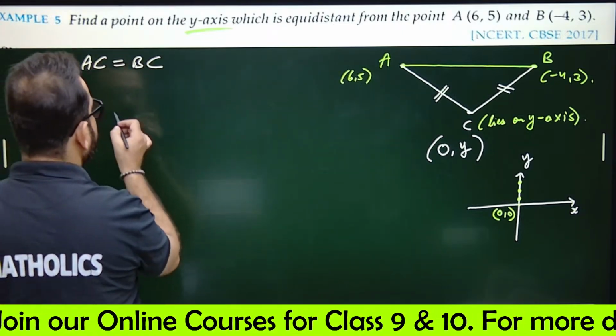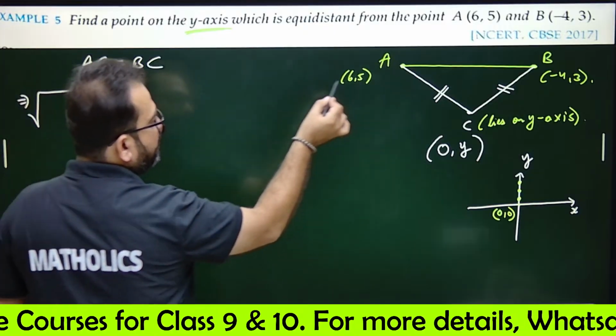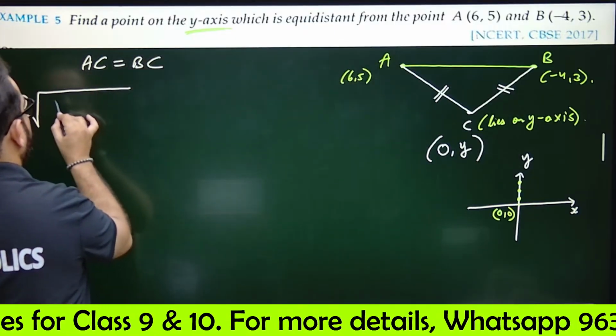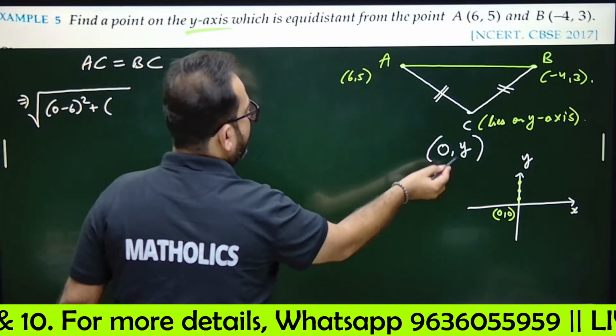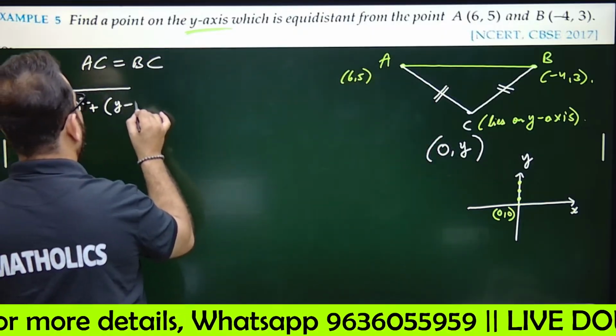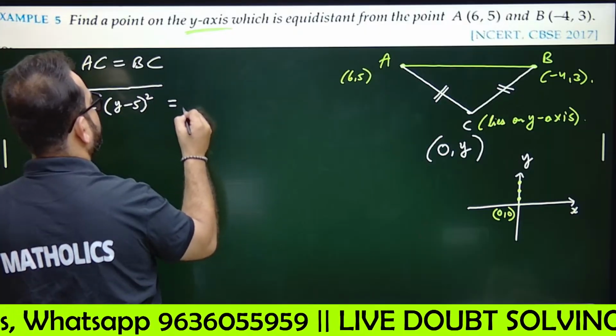Okay, AC equals BC. That means what is AC? It will be under root of (0 minus 6) whole square plus (y minus 5) whole square, and that's going to equal BC.